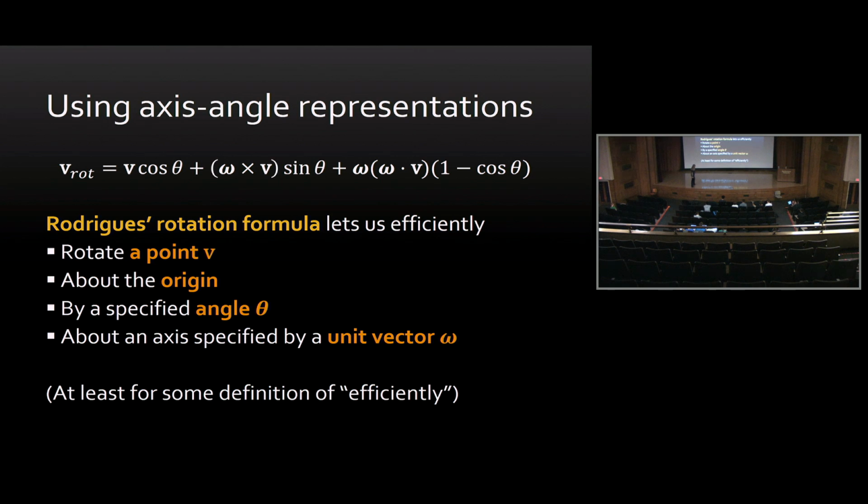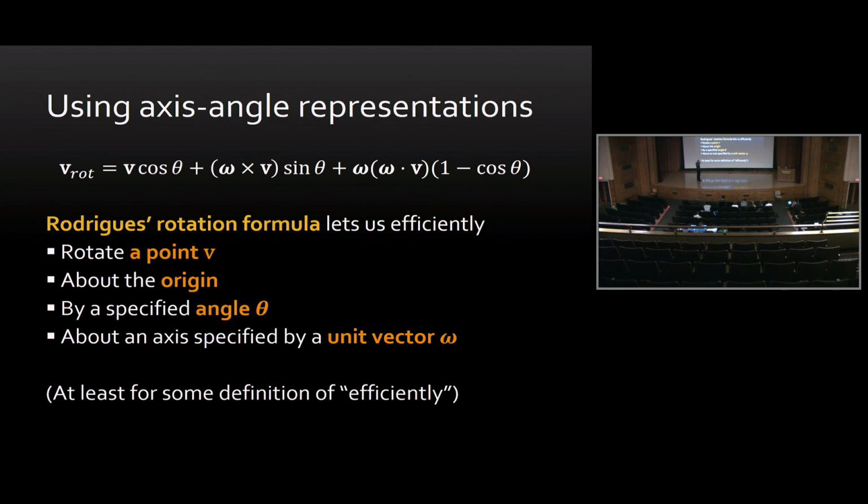So he didn't actually write it in this form. This is what we would call it today. But this is what he came up with. And it's essentially the obvious thing you would do for small values of the word obvious.